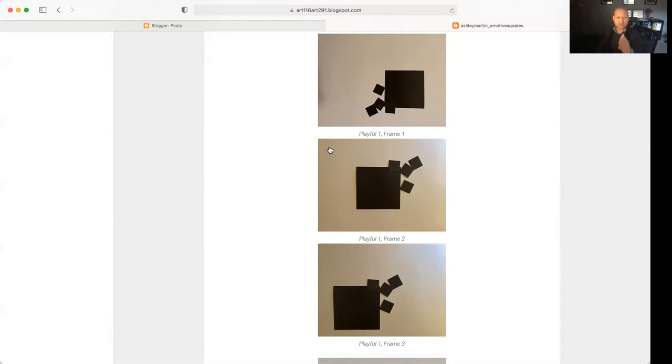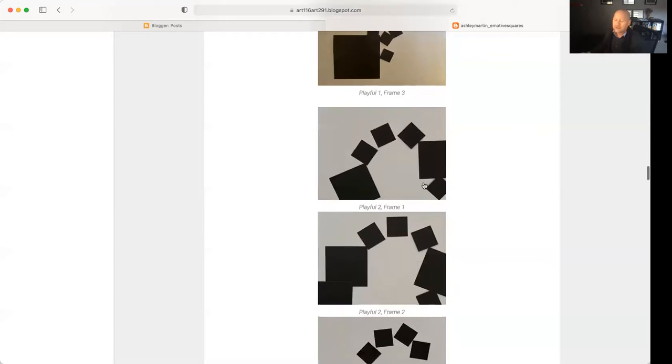Is play something that has a structure to it, like a game with rules? Or is play something that is just sort of uninhibited and free in form? And your approach to it is going to sort of indicate which side of that line you're on as far as that goes.